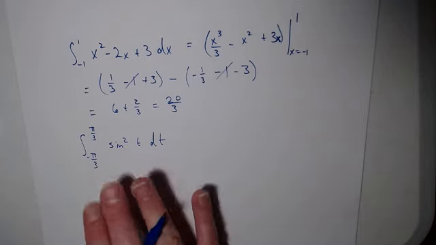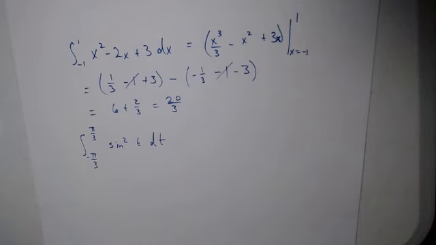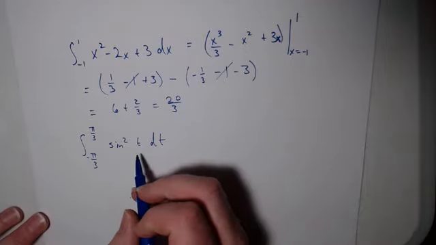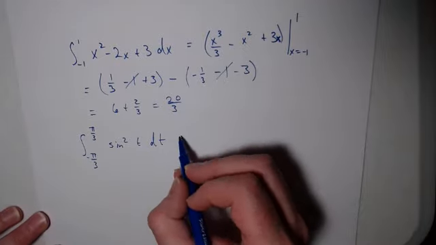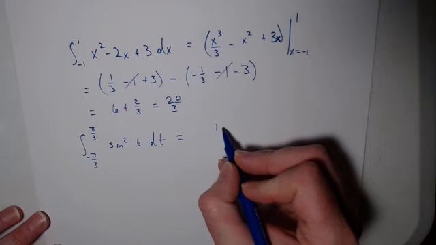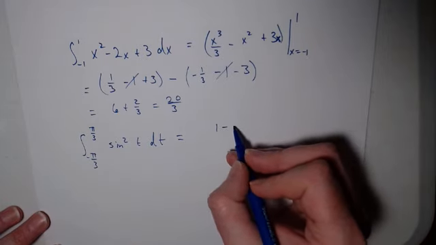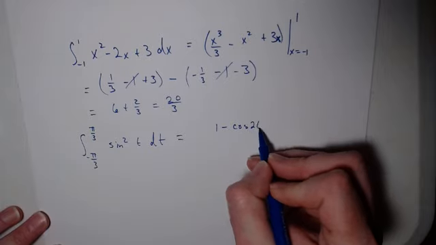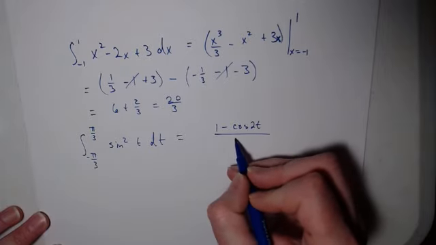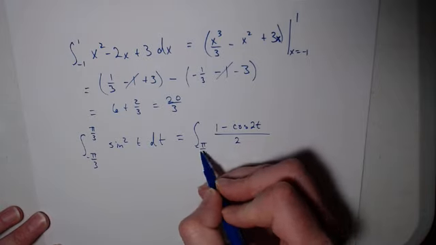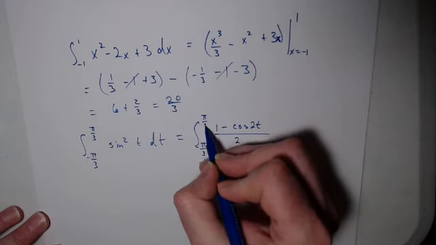What's an antiderivative of sine squared t? Sine squared t doesn't have an easy antiderivative for us. So here's where our trig formulas are useful. 1 minus cosine 2t over 2, integrated from minus pi over 3 to pi over 3.